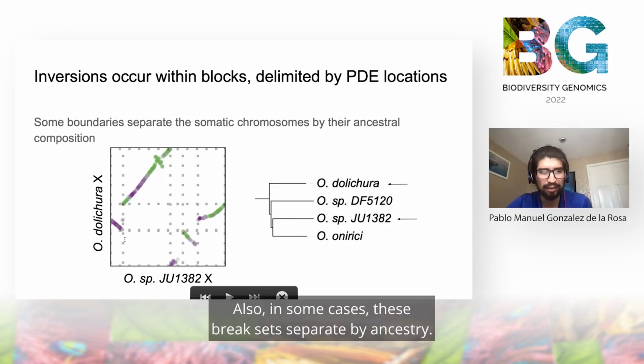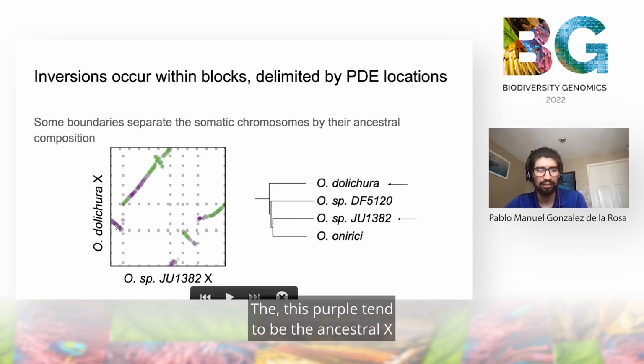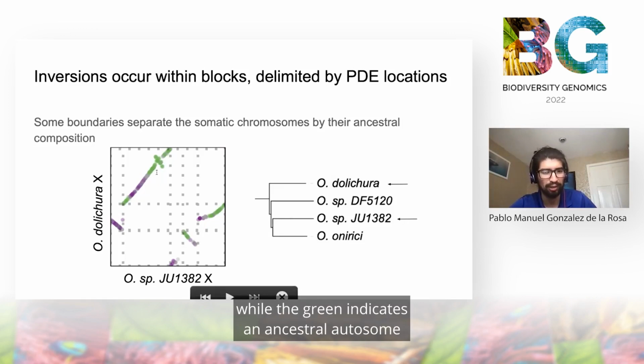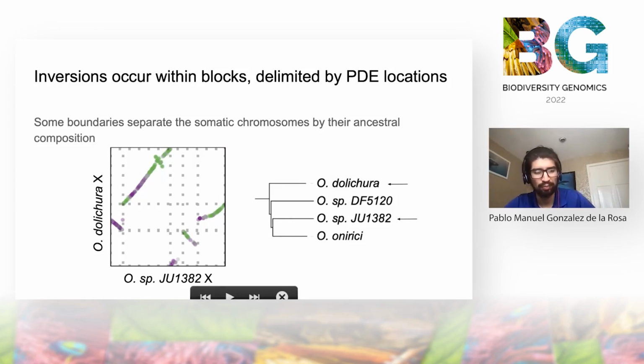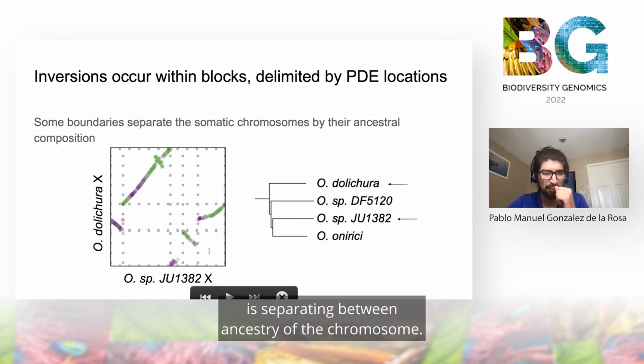Also, in some cases, these break sites separate by ancestry. This purple tends to be the ancestral X, while the green indicates an ancestral autosome. So in some cases, programmed DNA elimination is separating the ancestry of the chromosome.